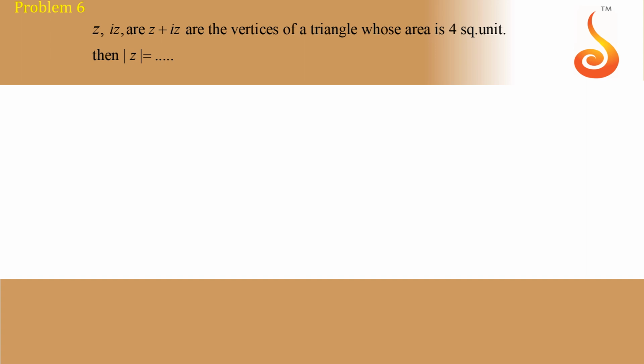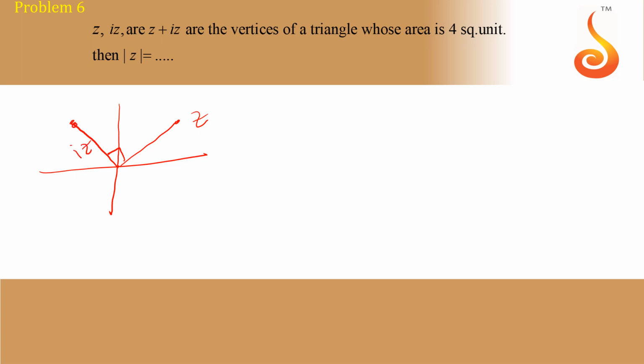Next problem. z, iz and z plus iz are the vertices of a triangle whose area is 4 square units, then mod z is? So if you take z like this, so iz, by Kunis method, when i is multiplied to z, the modulus of i is 1, so no effect on the modulus. The amplitude of i is 90 degrees, so this complex vector will rotate 90 degrees.